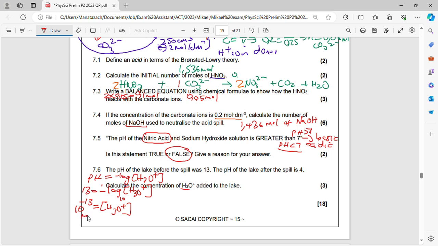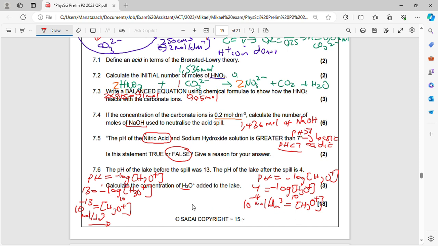That will be 10^-13 mol/dm³ of H3O+. That is initially, but the pH was reduced to 4. So now we'll do another parallel calculation when the pH is 4. So 4 = -log[H3O+]. Solving for H3O+, you'll get 10^-4, and the unit is mol/dm³. That will be the concentration after the acid was added.